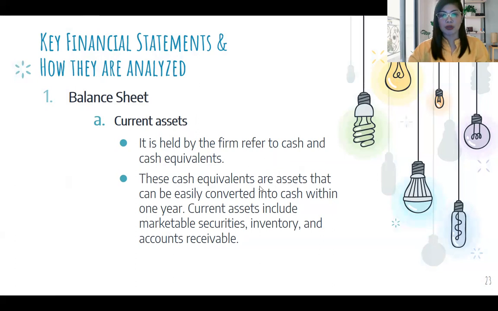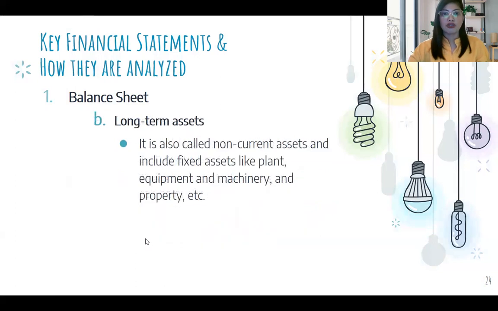These cash equivalents are assets that can be easily converted into cash within 1 year. Current assets include marketable securities, inventory, and accounts receivable. For long-term assets, we have the so-called non-current assets, which include fixed assets like the plant, equipment, machinery, and property.